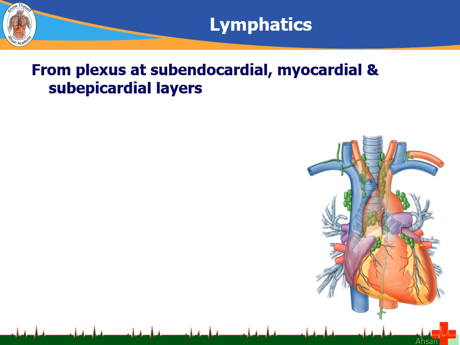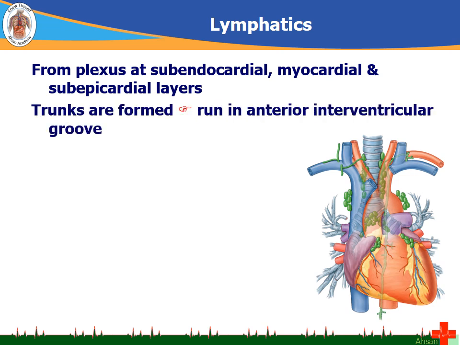Lymphatic drainage. The lymph starts from the plexus of lymphatic vessels. This plexus lies just under the epicardium, under the endocardium, and inside the myocardium. So at all levels we get the capillaries.